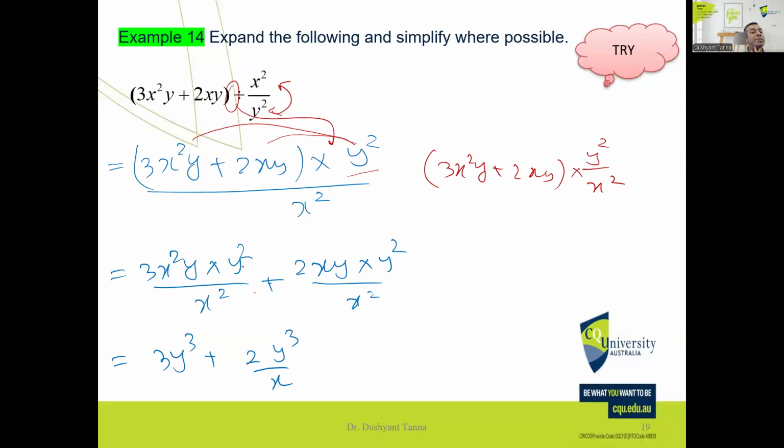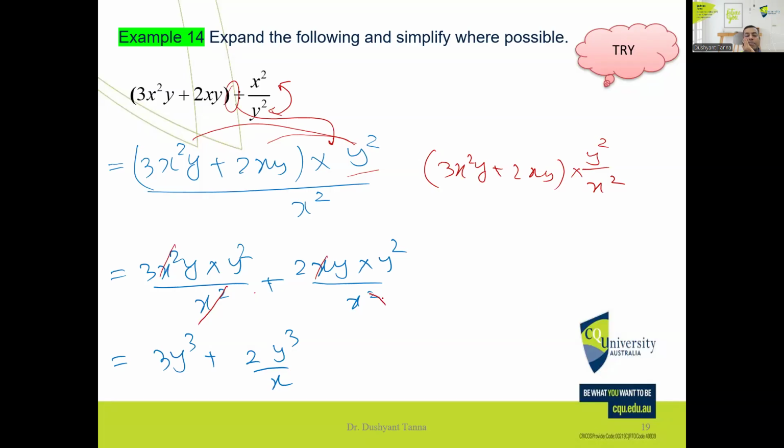So 3x square y times y square divided by x square. 2xy times y square divided by x square. The distributive property. And the x square will cancel out here, and up here only x will cancel. All good, Ben and Daniel? Yep, perfectly fine. Okay, cool.